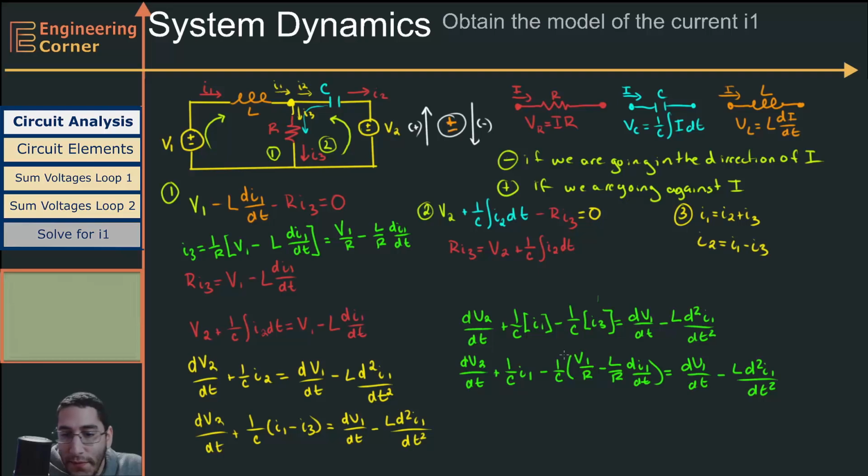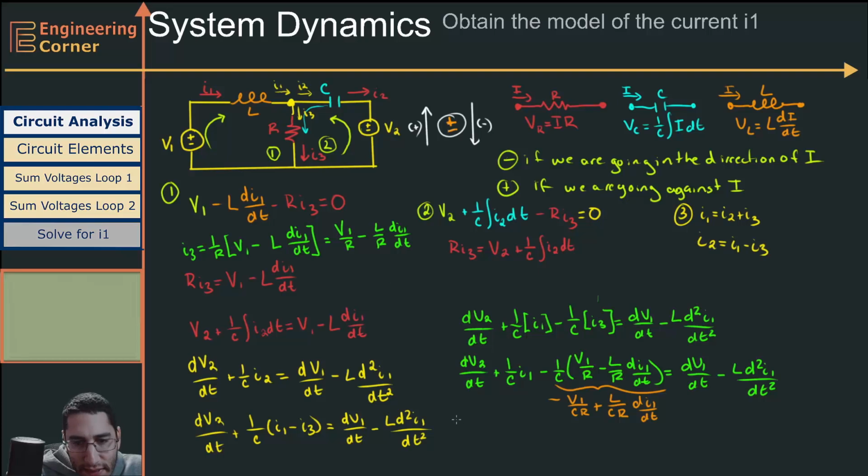Now we just need to distribute some terms and bring all of the I's to one side and everything else to the other side. So let's do that. Let's distribute this term right here. So I'll have minus V1 over CR, and I'll have plus L over RC, or keep it the same way, CR, di1 dt. So now let's bring all of my I's to the left side.